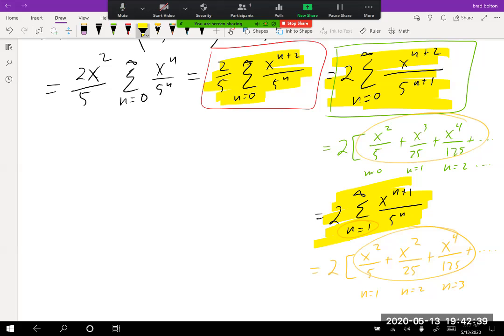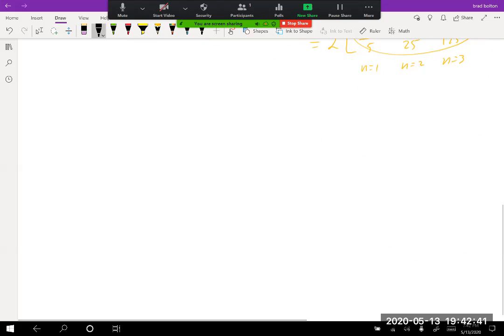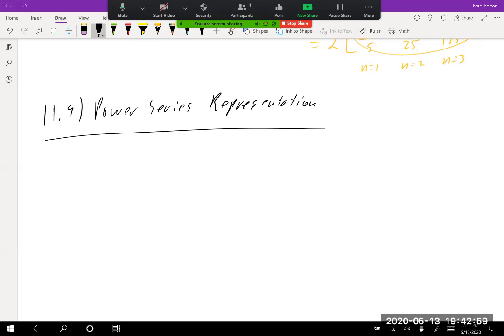Okay, so now let's start 11.9. So this will be power series representation. Okay, so we have a power series representation.